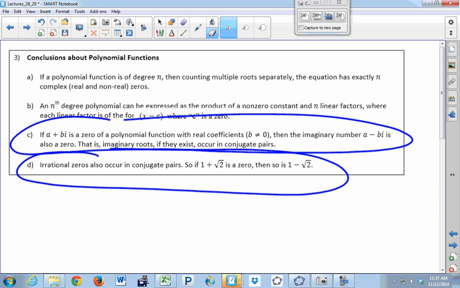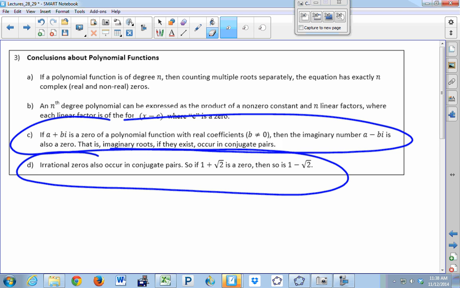If a plus bi, a complex imaginary zero, is a zero of your polynomial function, then the imaginary number a minus bi is also a zero. That is, if imaginary roots exist, they always come in conjugate pairs.